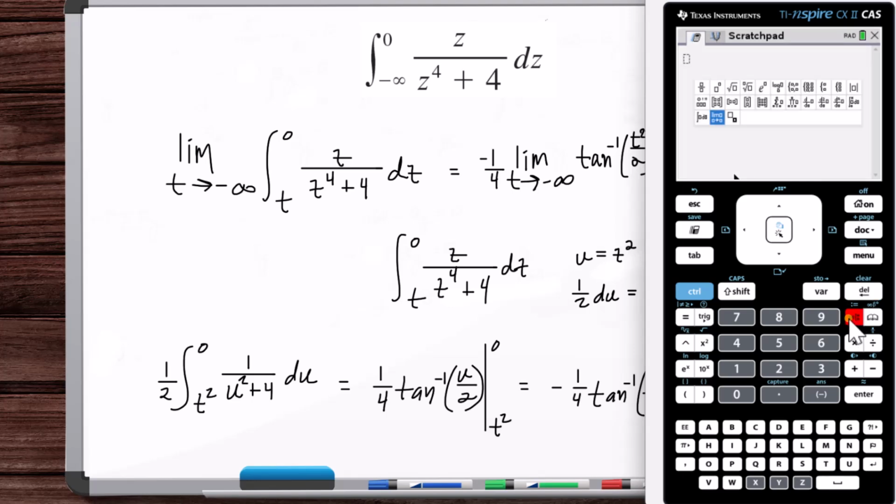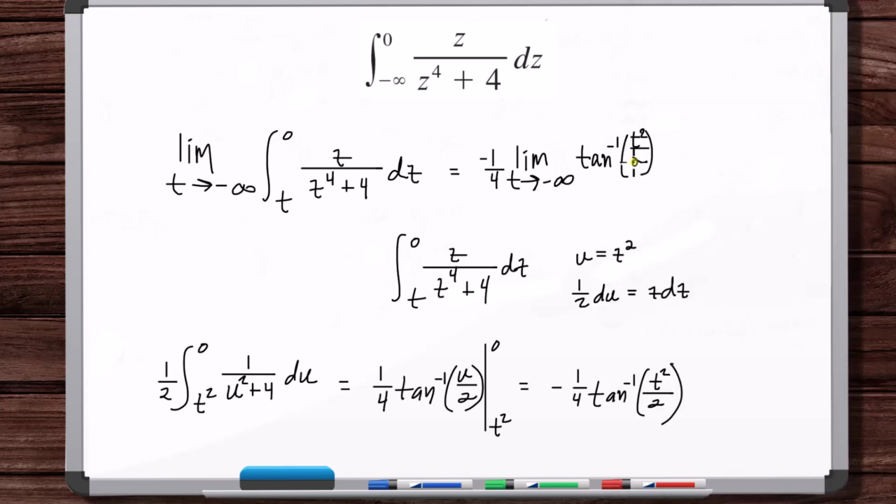It's pi over 2 times minus 1/4, so minus pi over 8.